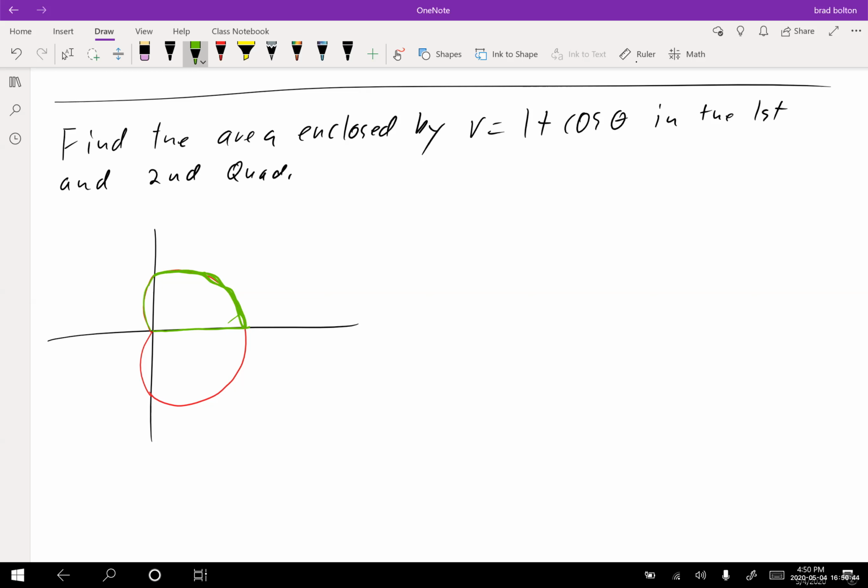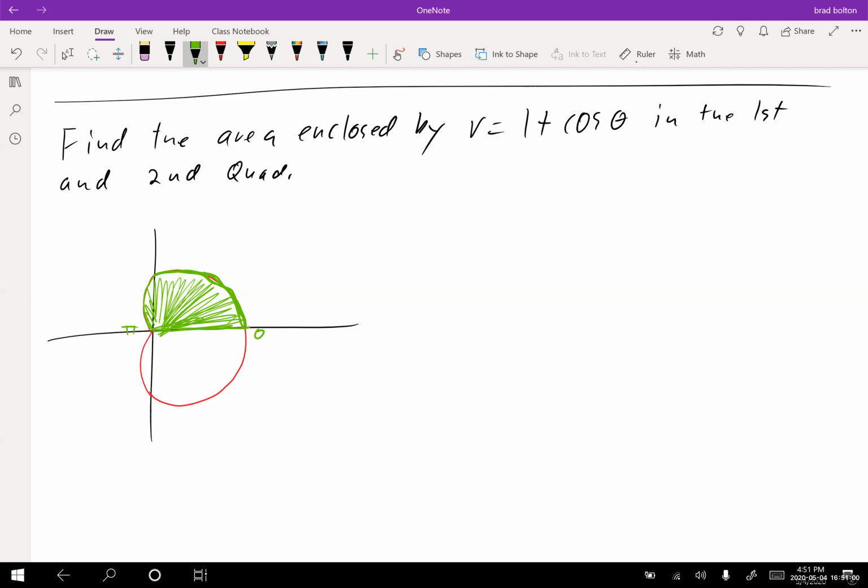Okay, so we need this area here. And they want it to end at quadrant 2. So that means we're going to go from 0 to pi. That's where quadrant 2 ends.